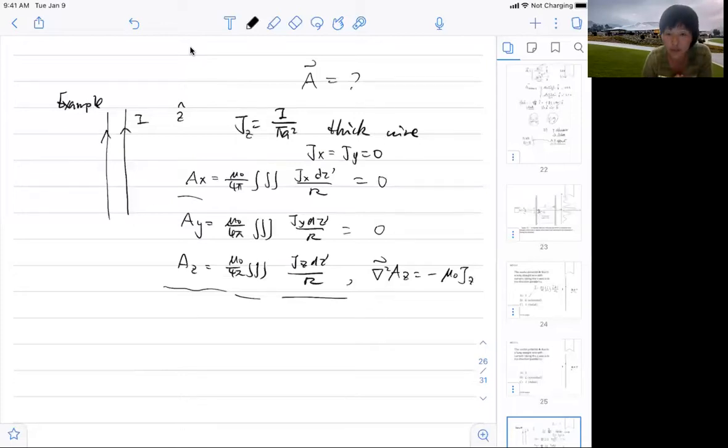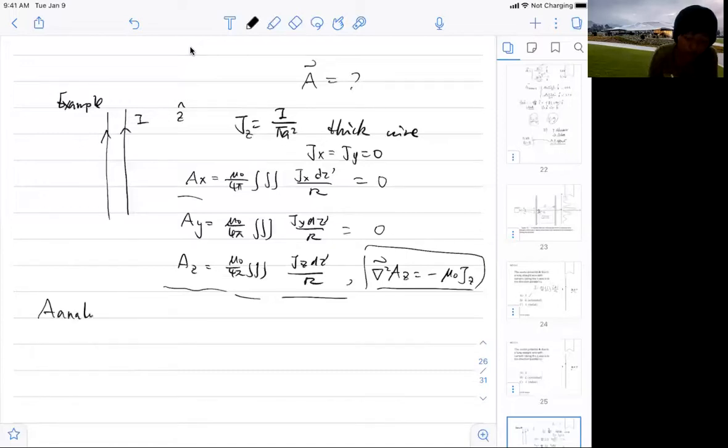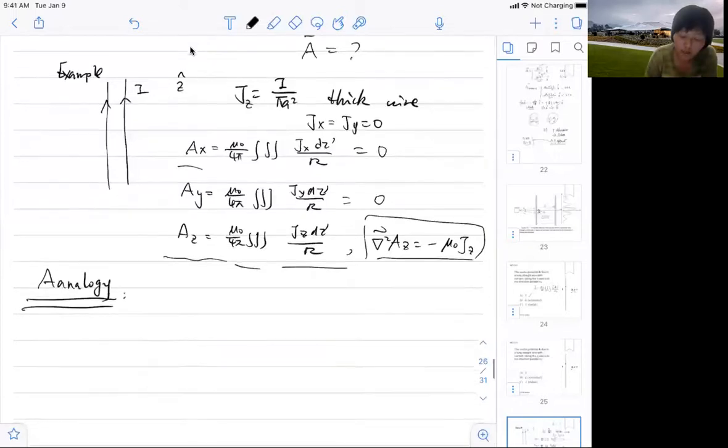Okay, again, I'm going to be lazy. I do not want to solve this integral directly. I want to find analogies. All right, have I solved something similar before? Now remember there is a previous problem: we have a long wire with a charge distribution lambda, and we know the E field for this.